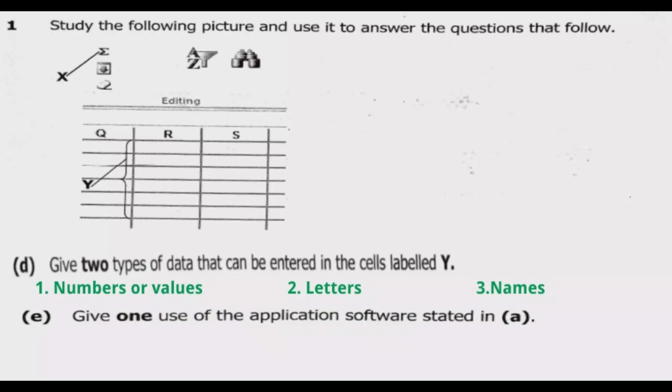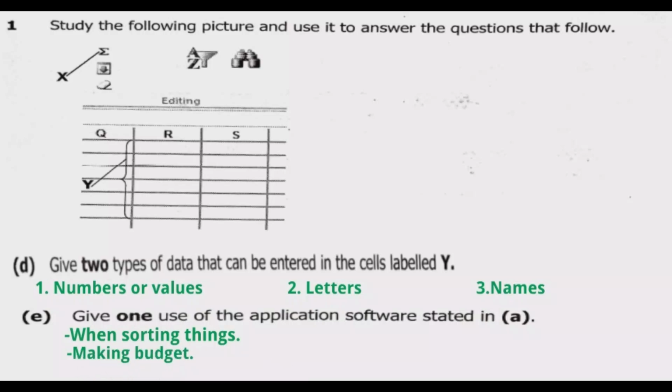We go to question 1E. Give one use of the application software stated in A. So this software, we can use it when you are sorting things. It can be names of the learners in class. It can be names of items you have. You can sort them using Excel. The other one is also for making budgets.